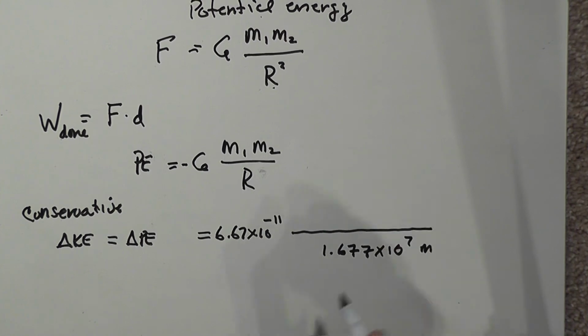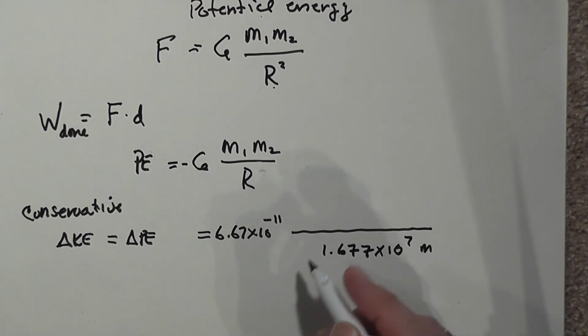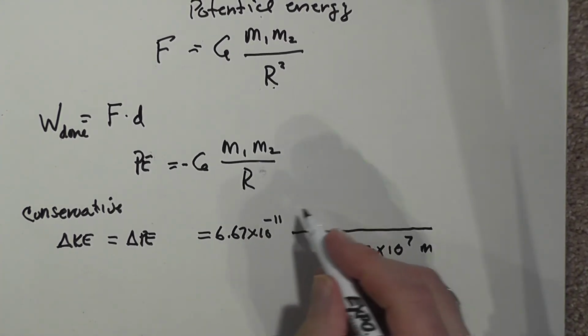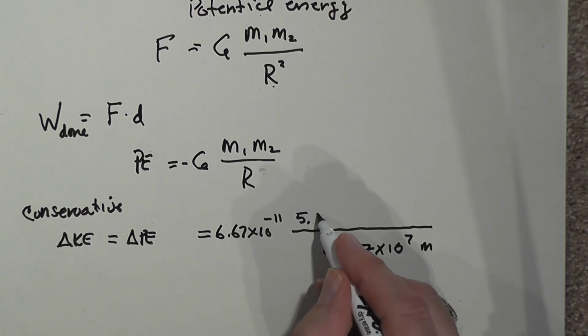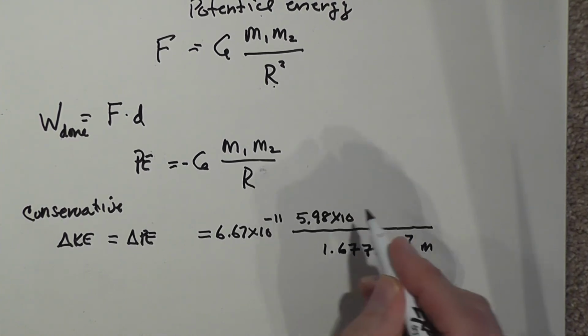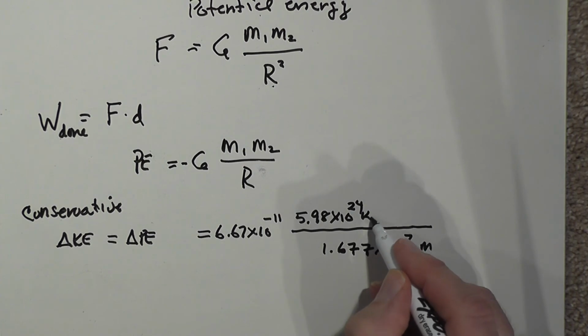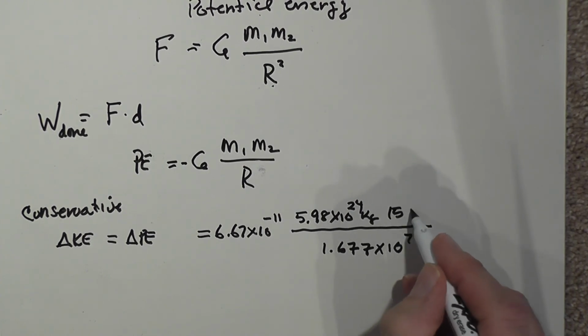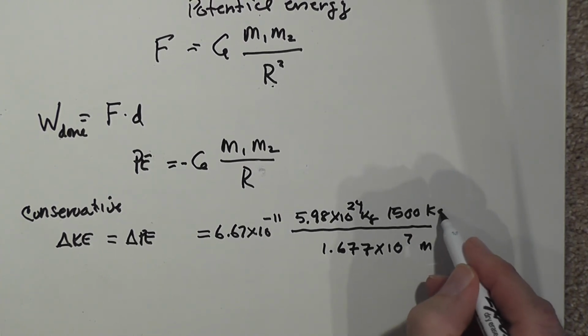Then we take the mass of the Earth, 5.98 times 10 to the 24th kilograms, times the mass of the satellite.